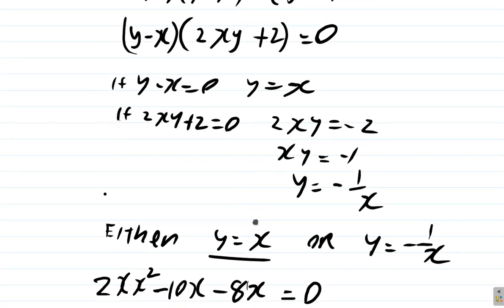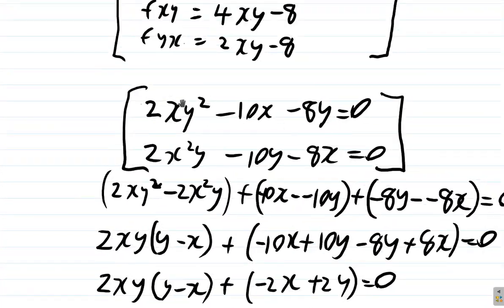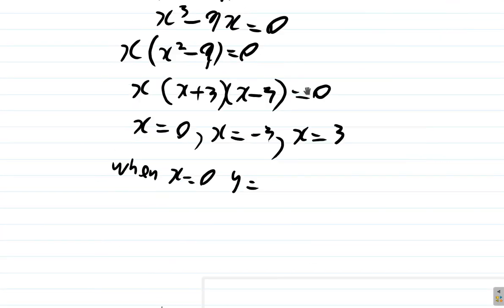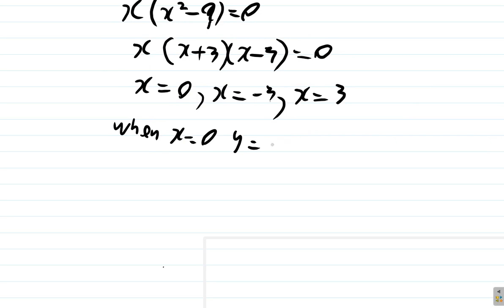From this derivative, when x is 0, you would have 2 times 0 times y squared. This would be 0, minus 10 times 0, so when x is 0, minus 8y equals 0. So negative 8y equals 0, so y would be 0. So when x is 0, y is 0.